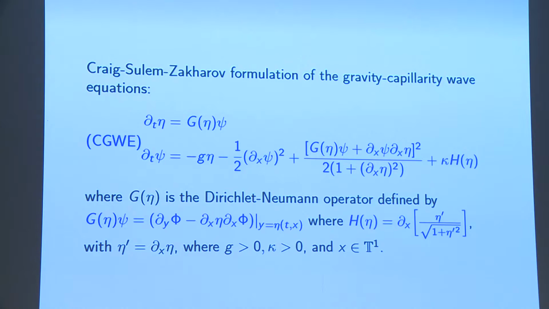And so we have two parameters in that equation, namely g, which is the gravity, and kappa, which is the surface tension.